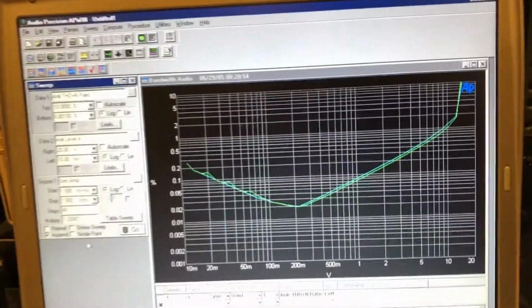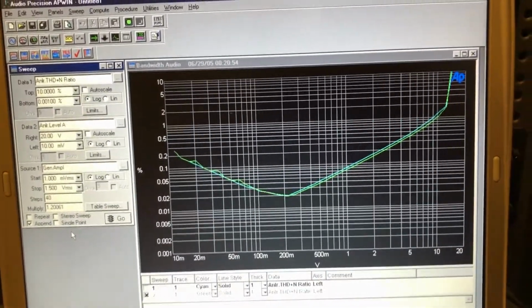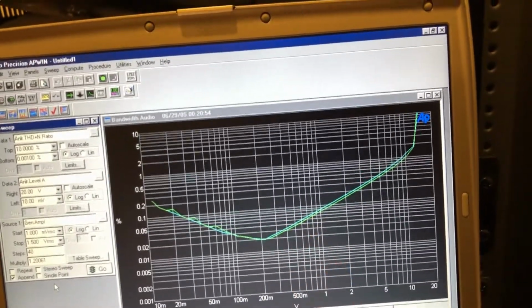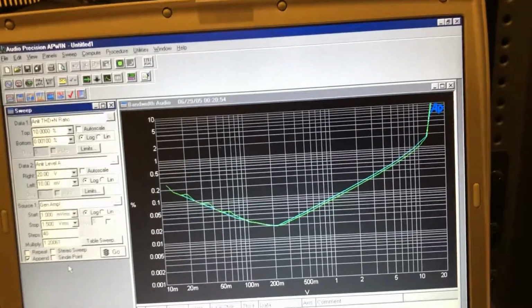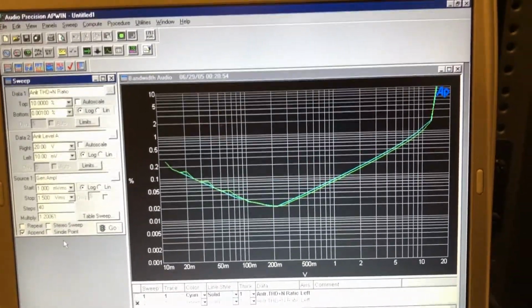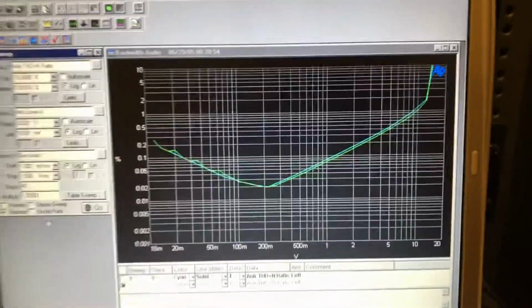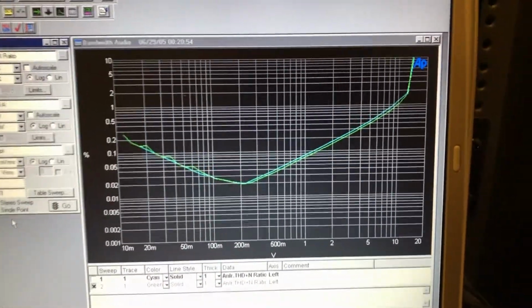So there's a few factors why we can't completely believe these THD numbers, but like I said, I would like to continue to try to increase the current while balancing the voltage swing to see how much these numbers can improve as we increase closer to a 20 milliamp operating point.